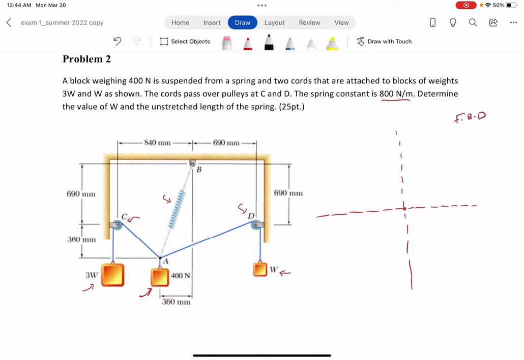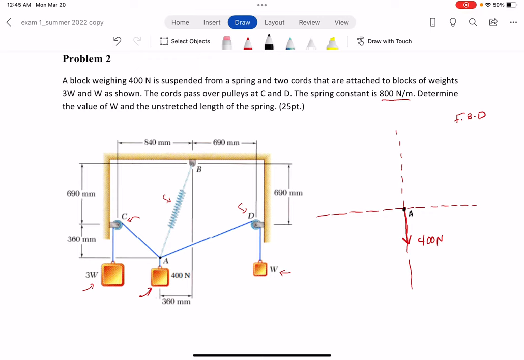First of all, we have the weight, which is 400 Newton. Remember, in class, when we give you kilograms, you have to convert kilograms to Newtons by multiplying by 9.81. Here you have 400 Newton, and that is at point A.